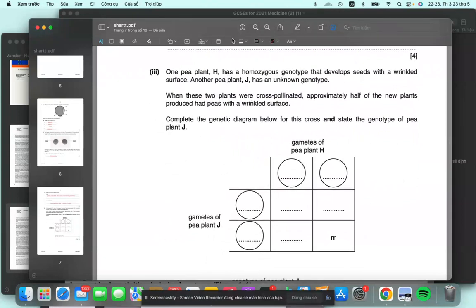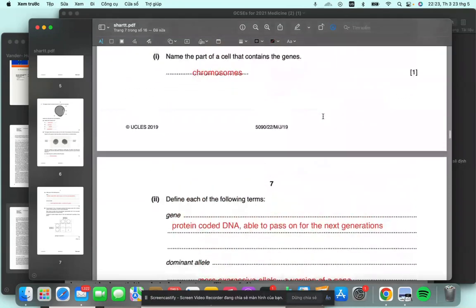A homozygous. Okay, so we know that this is RR, wrinkled surface.